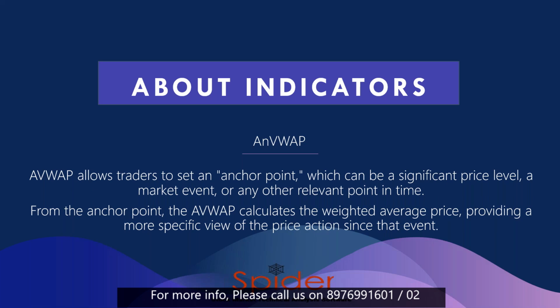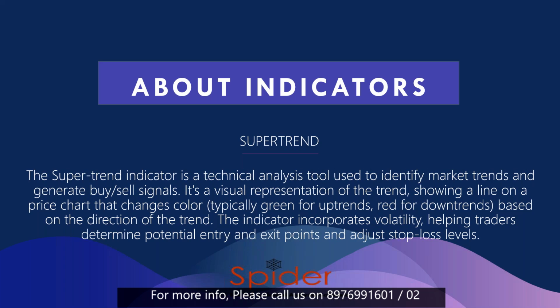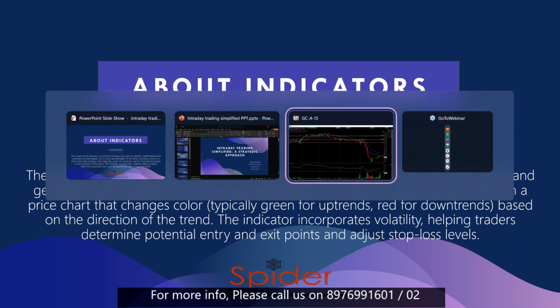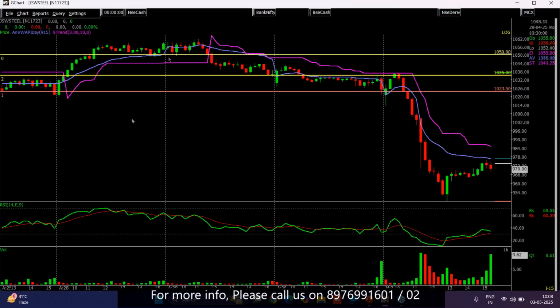The second indicator which we are going to use is super trend. Super trend indicates the positive signal and the negative signal. In a way, green would be for the upward and red would be for the downward, but in this setup, as you can see over here, we have kept only the pink line to make it easier for you.